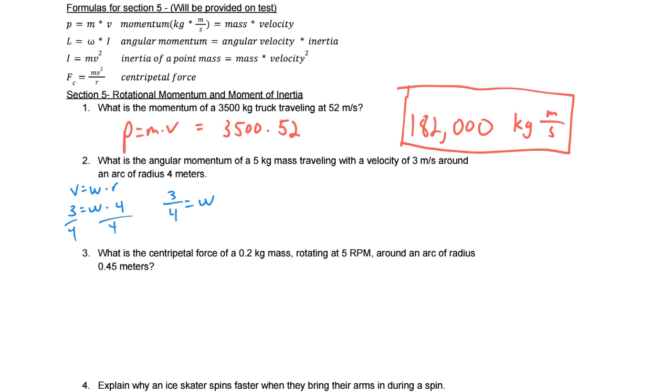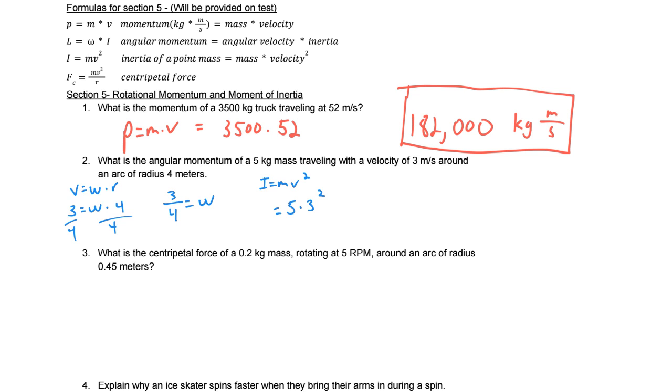So now that I know the angular velocity, I can almost get the angular momentum. I do need to find the inertia as well. So inertia is equal to mass times velocity squared. So our mass is 5 kilograms. Our velocity is 3 squared.